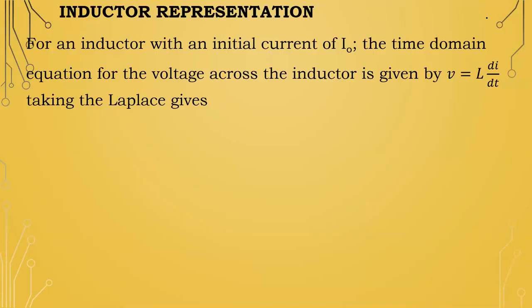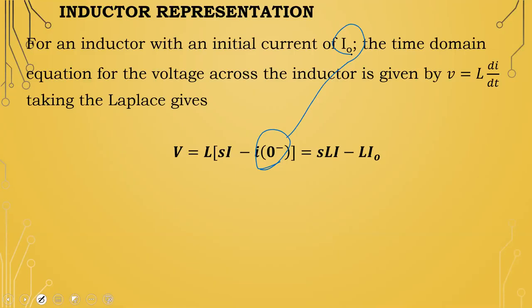And when we take the Laplace of both sides of this expression, then we have V being equal to L into (sI minus i at 0 minus). Of course, we know that i at 0 minus, because we are dealing with the inductor, would be equal to I0. Yes? So V is equal to sLI minus LI0.